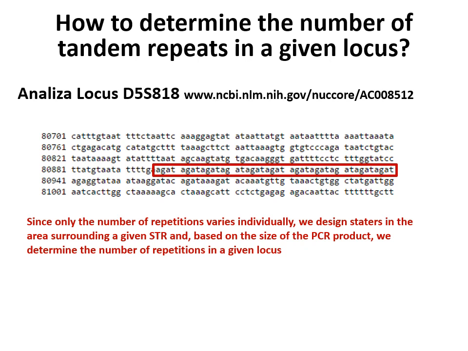Now let's see how to determine the number of repeats in a given locus. We are still discussing the locus D5S818. We can use the PCR reaction and we can design the primers in the area which is common for the population. Because what makes us different is the number of repeats, but the DNA sequence apart from the repeats we have the same.